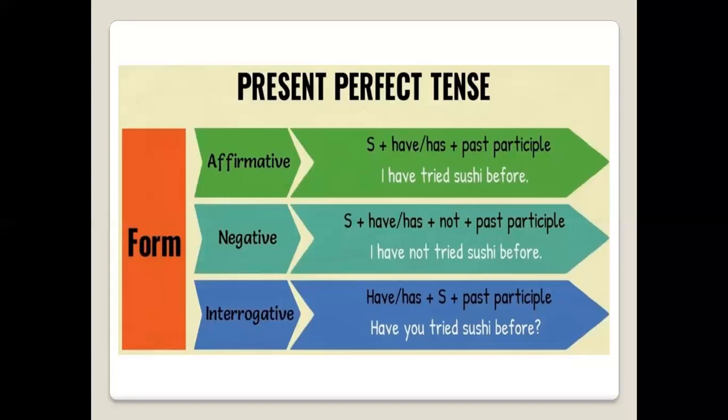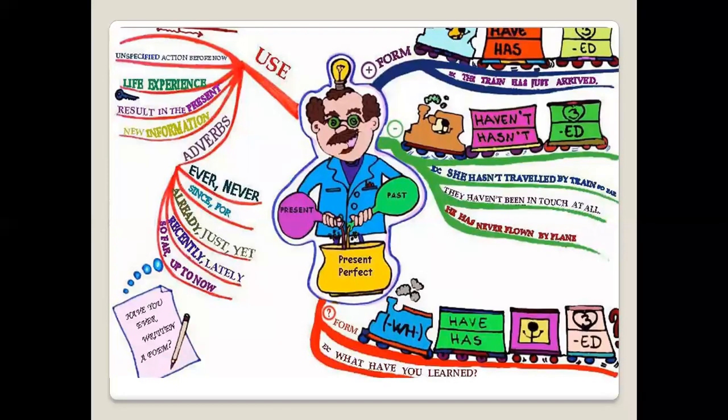Now, after this slide and discussing the form of the tense, let's move to discuss the main concept in present perfect. As you can see, I just put here a picture of an experiment and a chemist.